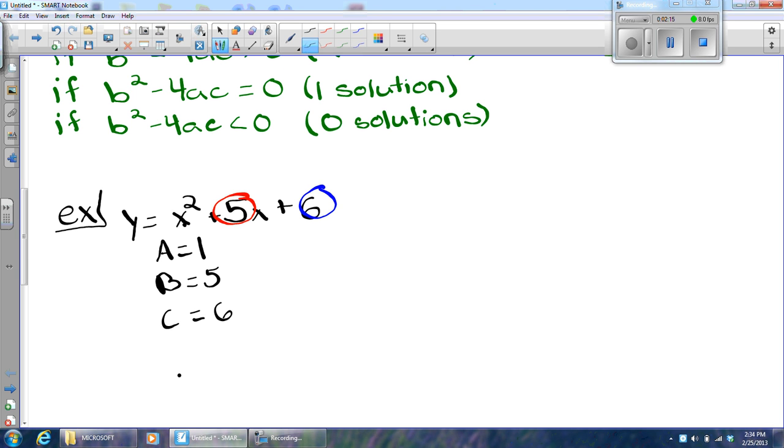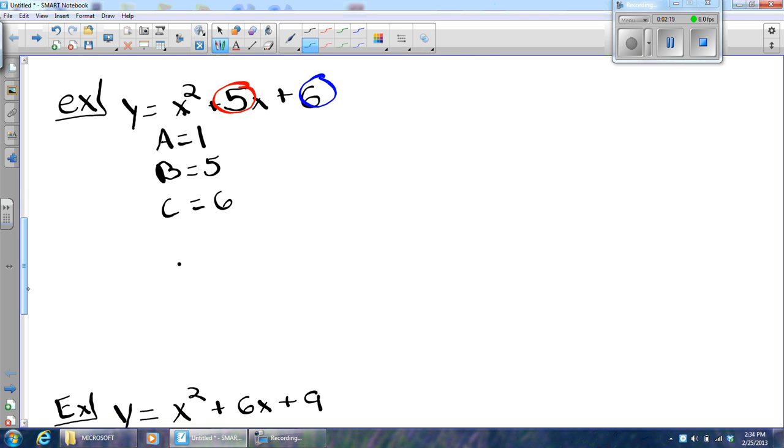Okay, so now that we found what our A, B, and C are, we're going to plug it into the discriminant formula. So we have B squared, which is 5. So 5 squared minus 4, A is 1, so times 1, and C, which is 6.